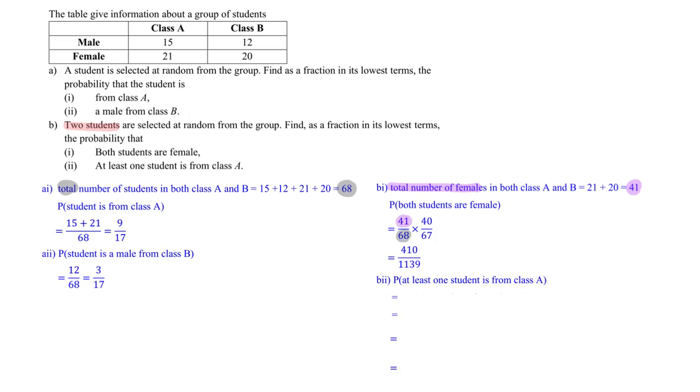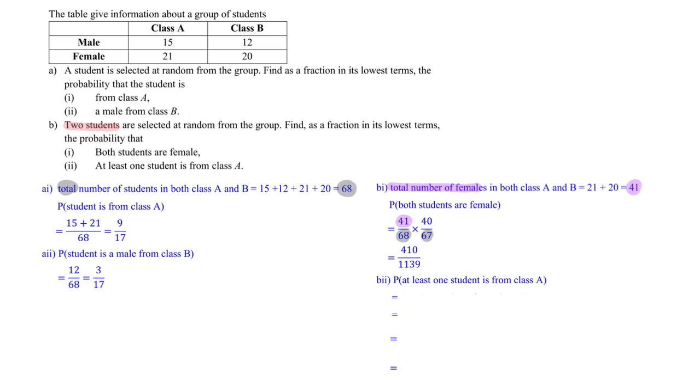But after I choose this female student out, what happens to the total number? Yes, it reduces by 1 because I've taken out one student. And this student is a female. At first it's 41.